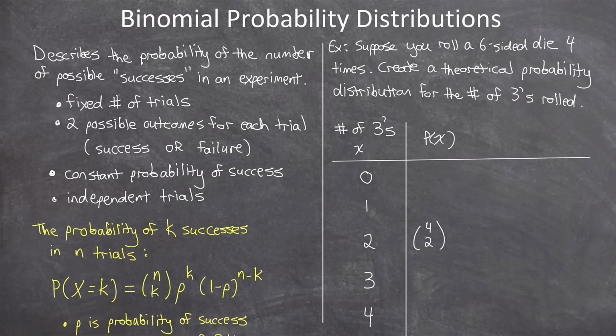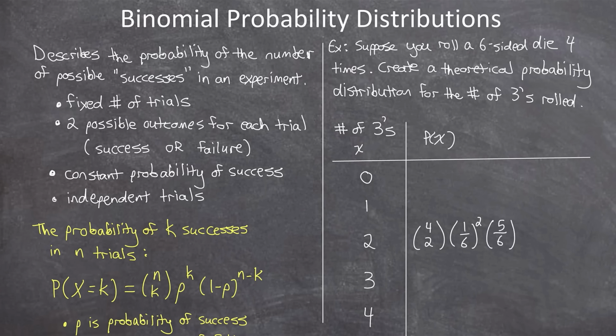That gets multiplied by the probability of success to the exponent of the number of successes. Well, the probability of rolling a 3 is 1 out of 6, and we want that to happen 2 times. And that gets multiplied by the probability of failure to the exponent of the number of failures. Well, the probability of not rolling a 3 would be 5 out of 6.